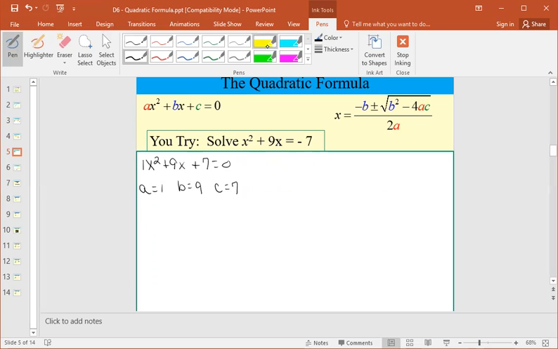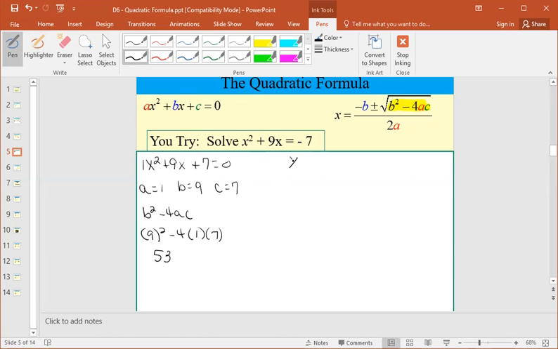Just like before, I'm going to work with this b squared minus 4ac section first. So I have 9 squared minus 4 times 1 times 7. You can just go straight into your calculator, and this time, this is 53.